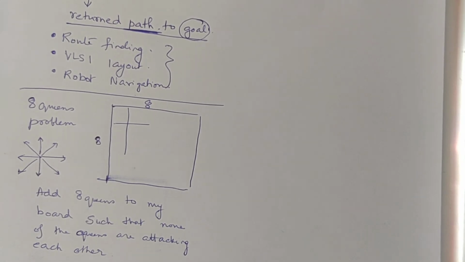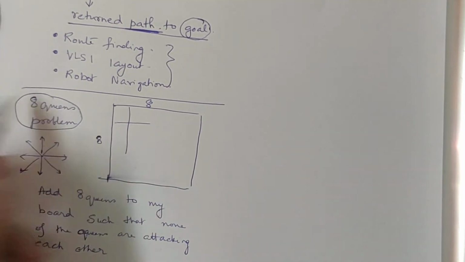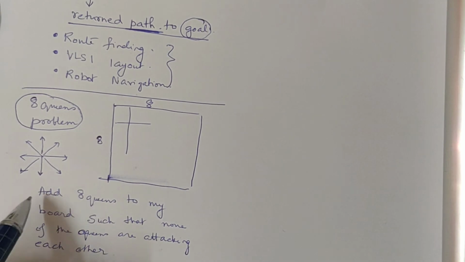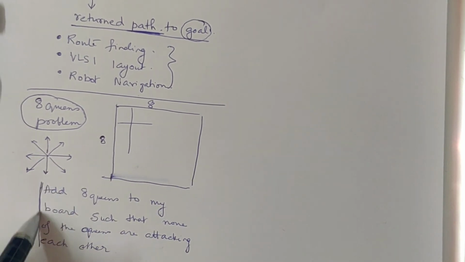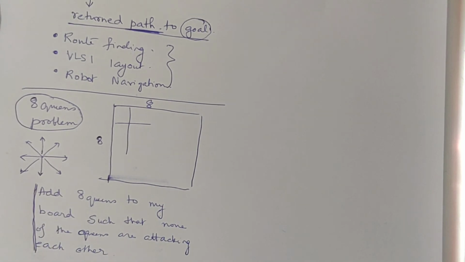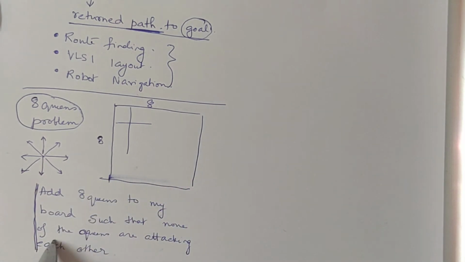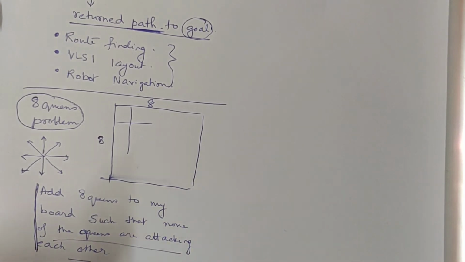So just look at this 8 queens problem. In the 8 queens problem, I do not know my goal state at all. I know some characteristic or some property of my goal state. The property is that on this board there will be 8 queens such that none of the queens will be attacking each other. But I do not know what this arrangement will look like.